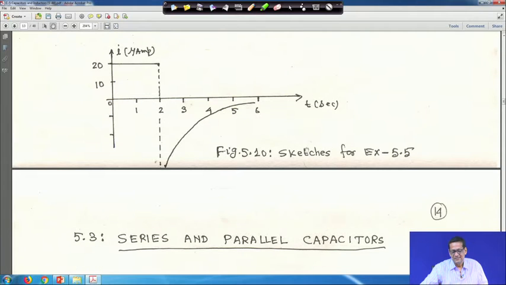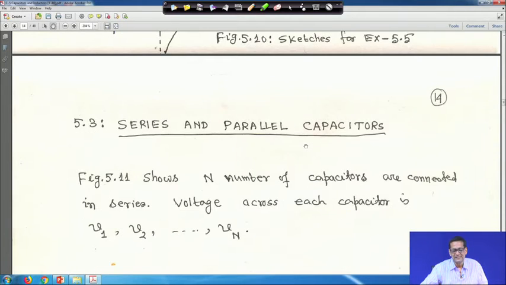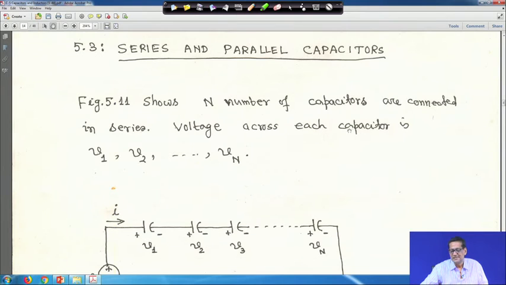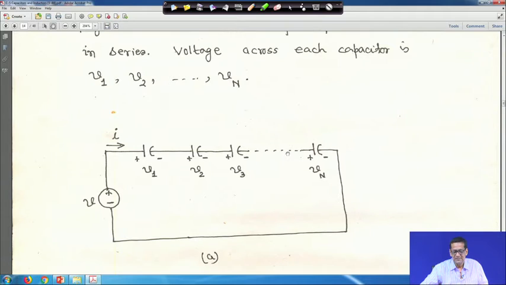Next one is series and parallel capacitors. Figure 11 shows n number of capacitors connected in series. Suppose you have this figure, you have n number of capacitors, and across each capacitor its voltage is V1, V2, V3 up to Vn.